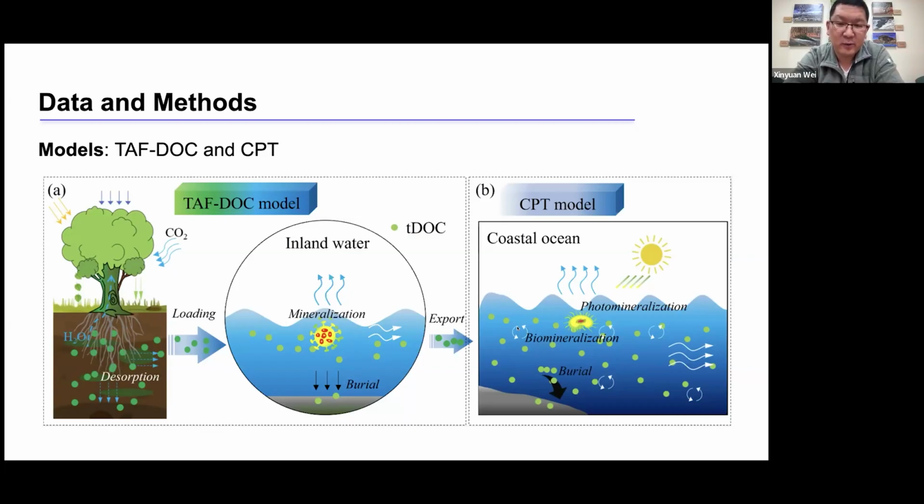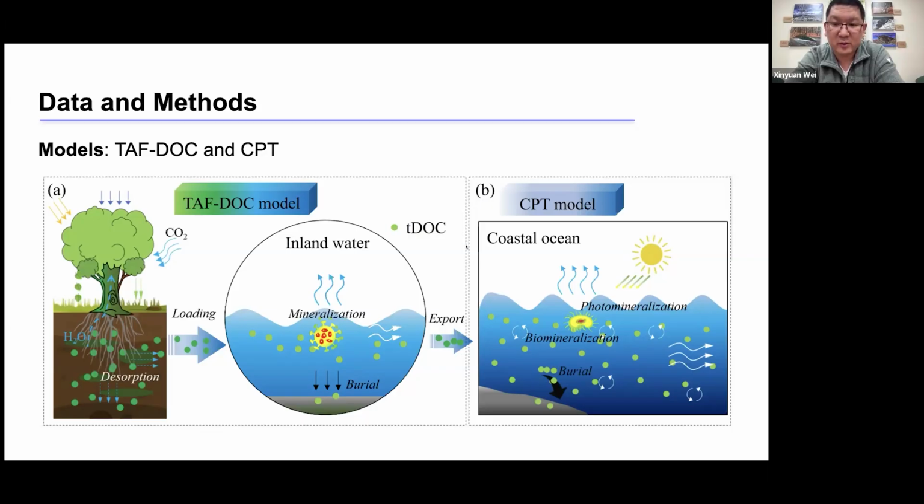For our study area, there are 2 major rivers, the Penobscot River and the Kennebec River, and all of the 3 watersheds are drained by these 2 rivers. So finally, with this model, we can estimate the daily delivered DOC to the coastal ocean.